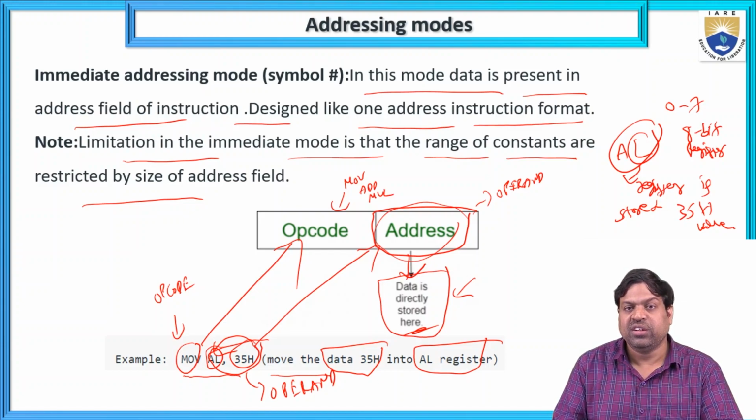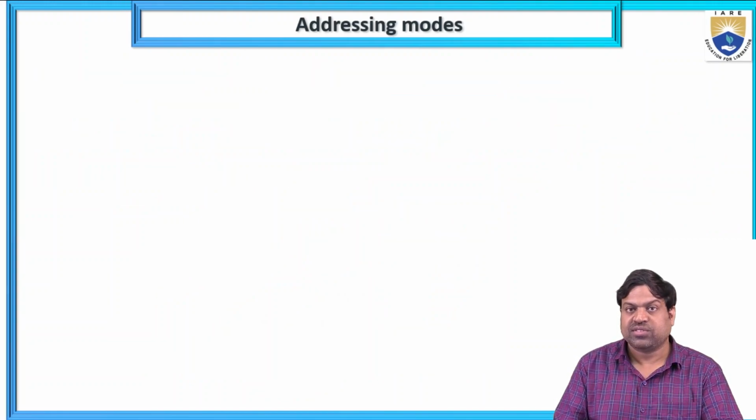The 35H value is stored in the AL register. So it is the immediate addressing mode. That means in place of the operand address, we are directly defining the data in the address.